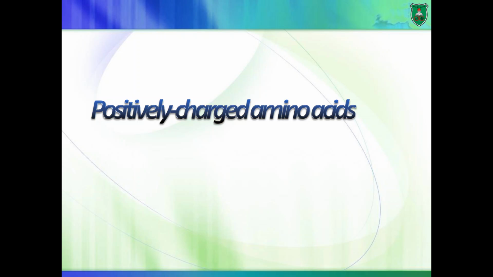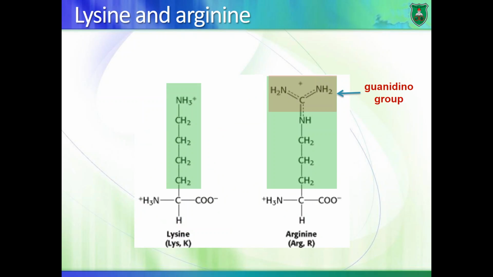Okay, so let's talk about the charged amino acids, and there are two categories. We have positively charged amino acids, and we have negatively charged amino acids. Now, in terms of the positively charged amino acids, there are three of them. Two are lysine and arginine. Lysine, abbreviated Lys, is a chain structure that ends with an amino group.